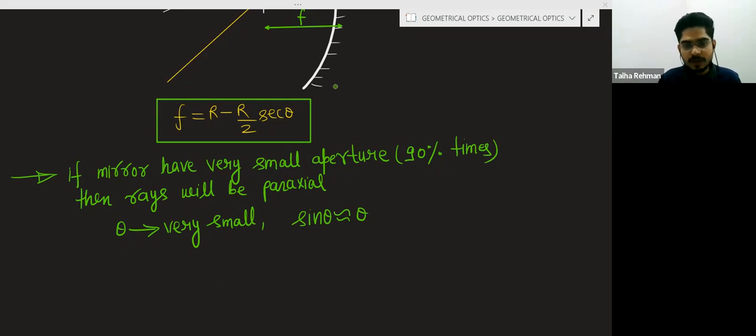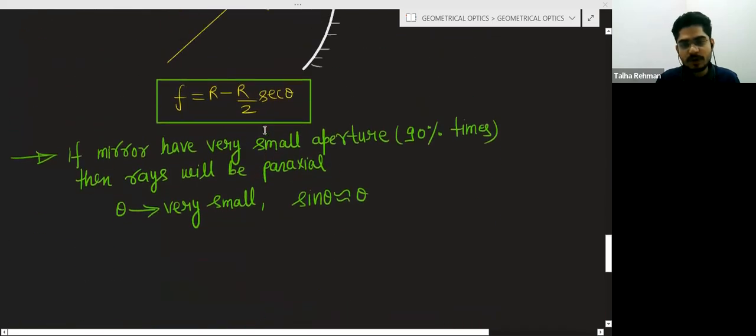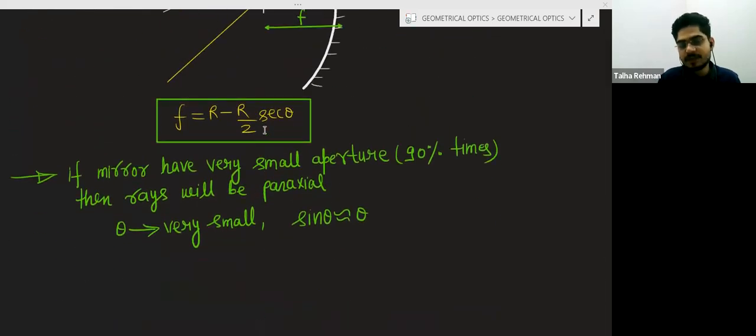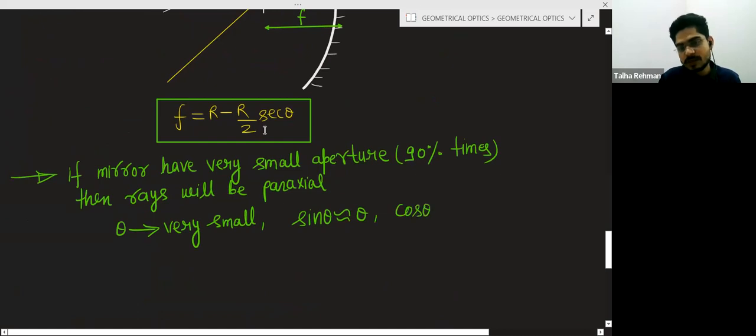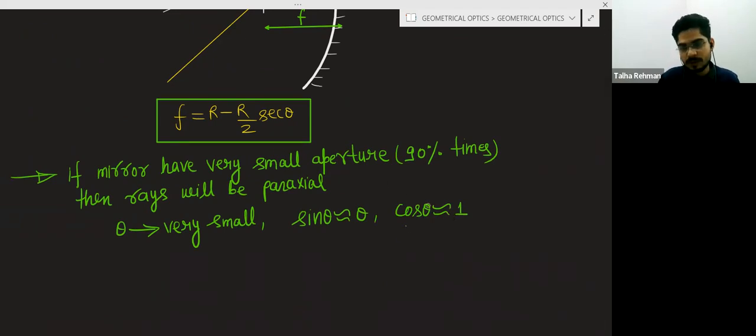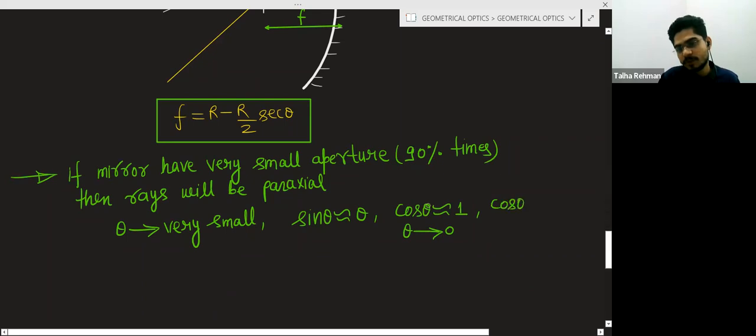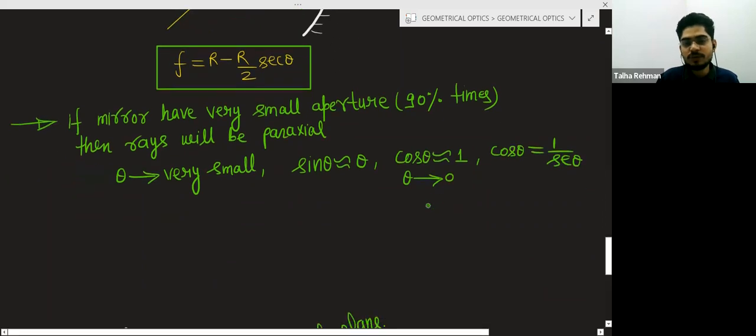So if this theta is very small, then sine theta can be written as theta and cos theta can be written as 1, because theta is tending to 0. You know that cos theta is 1 upon sec theta, so sec theta can also be written as 1.